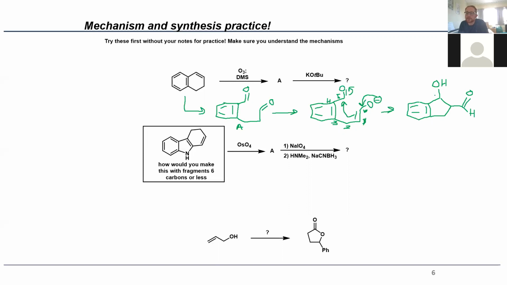Then we'd expect another deprotonation to form another enolate.